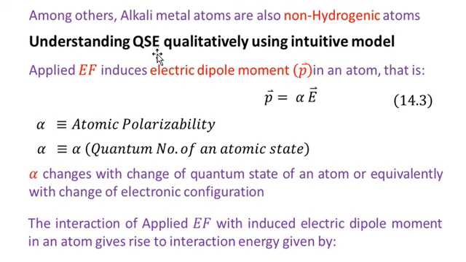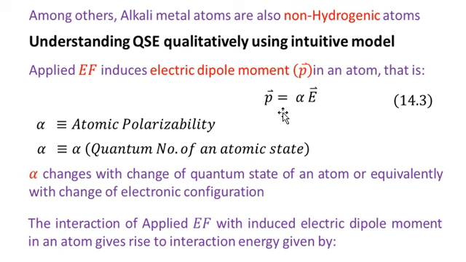Understanding the quadratic Stark effect qualitatively using an intuitive model. Here I am going to represent the quadratic Stark effect just intuitively and not using strict mathematical equations. An applied electric field induces an electric dipole moment P in an atom. That is, P is proportional to the electric field.